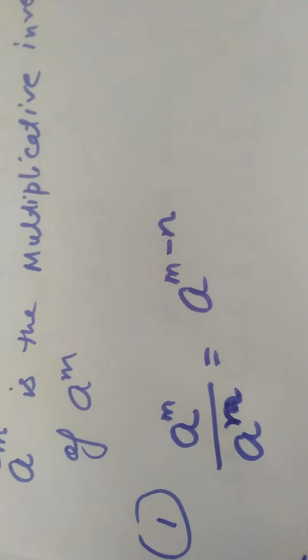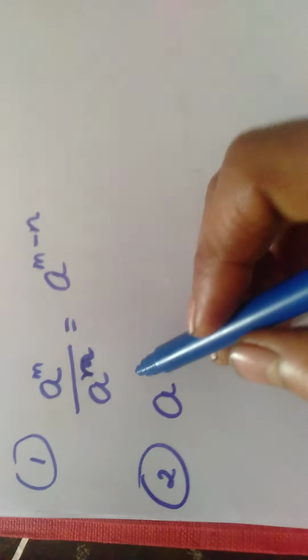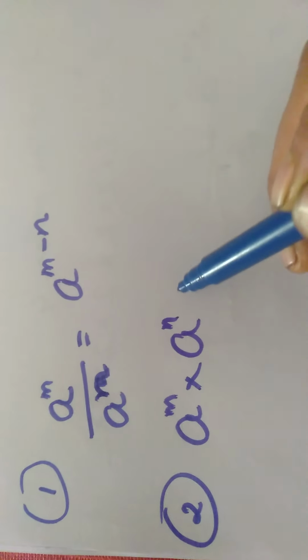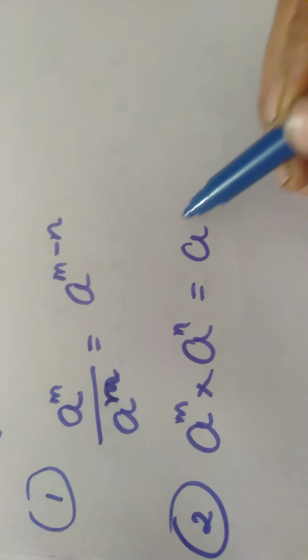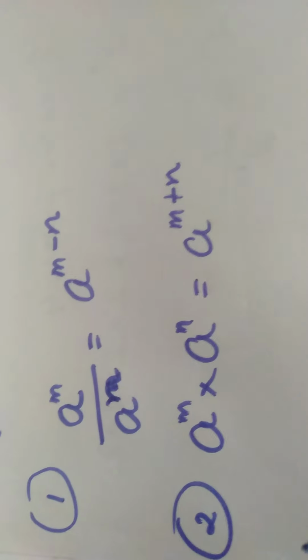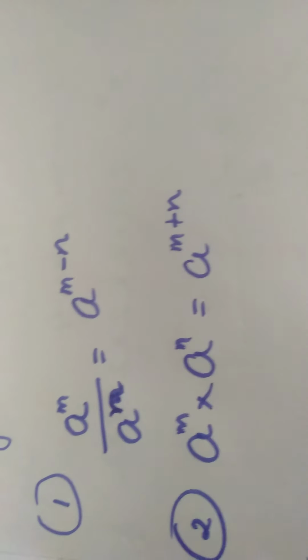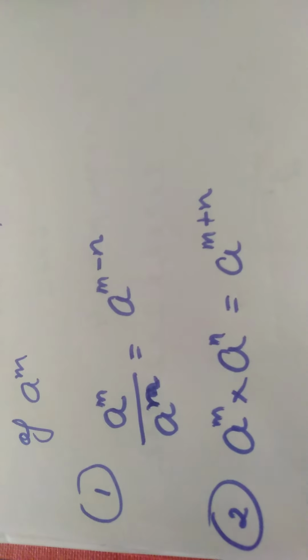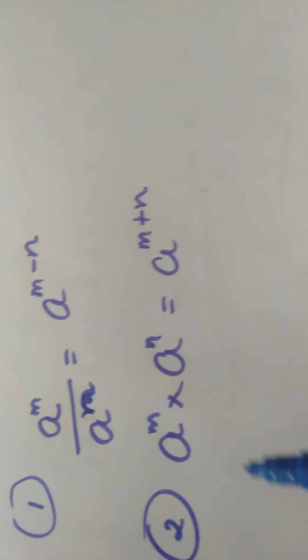The second law is a to the power m into a to the power n is equal to a to the power m plus n. Now I will explain these two laws and then we'll explain the other laws. First I will explain this one.